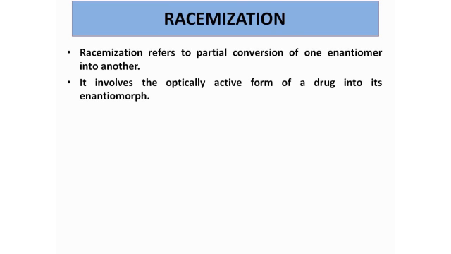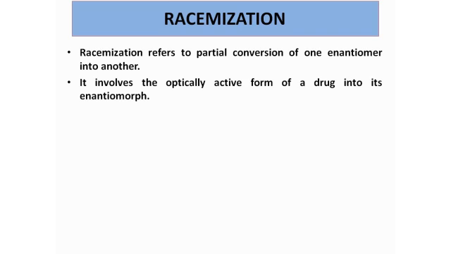The next one is racemization. Racemization refers to the conversion of one enantiomer into another enantiomer, right? We know that enantiomers are optically active. So it involves the optically active form of a drug converting into its enantiomer. The drug has to be optically active.